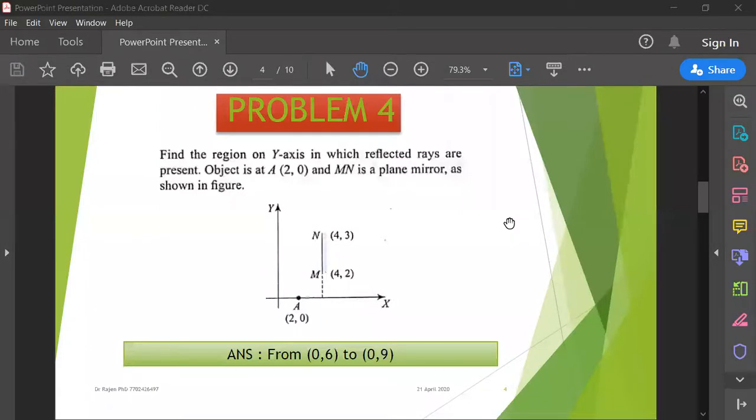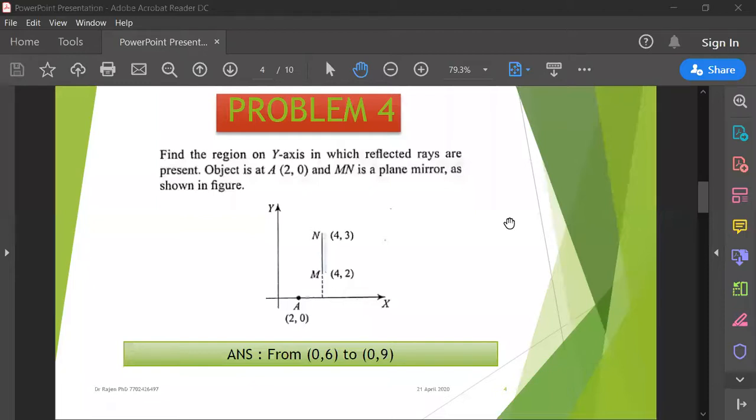Find the region on the y-axis on which reflected rays are present. Here object A is given and the mirror length is indirectly given. This is the x-axis, this is the y-axis, and here the mirror is given. The mirror coordinates and object A coordinates are also given.